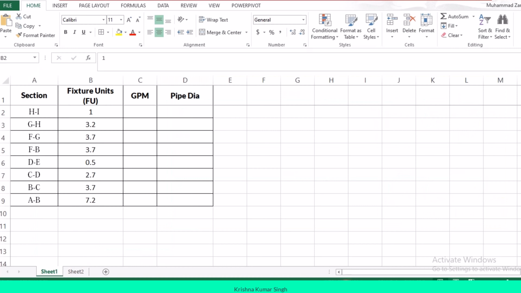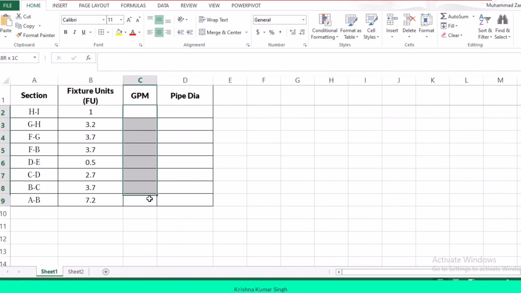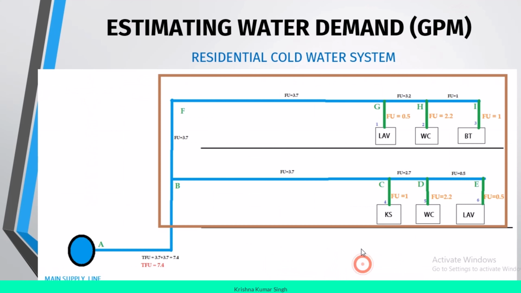Please remember, I also provide this sheet after assigning all the GPMs over here. We will fill this Excel sheet for our convenience, and it will be easy for you to read the sheet as well. Okay, let's start.